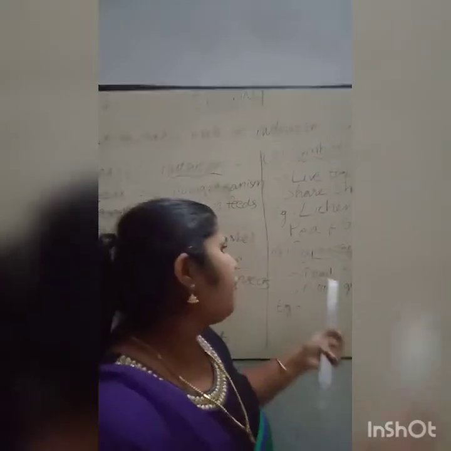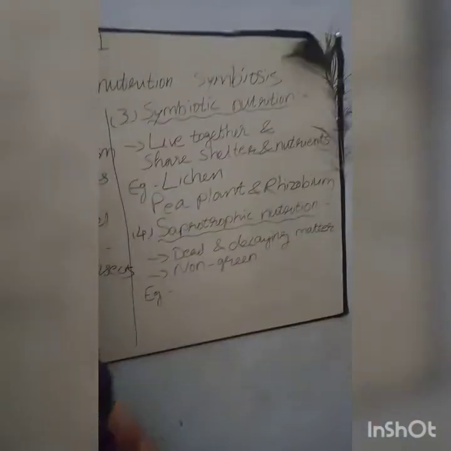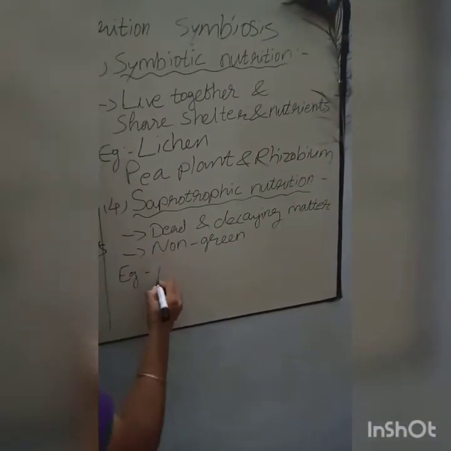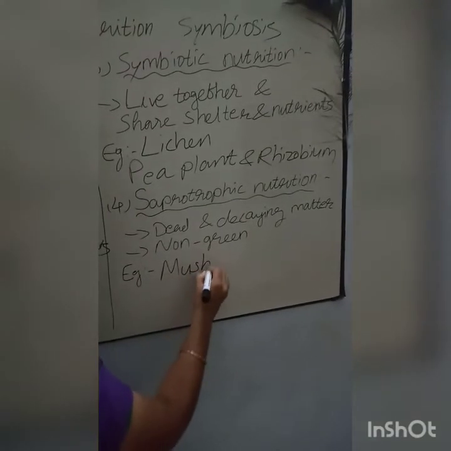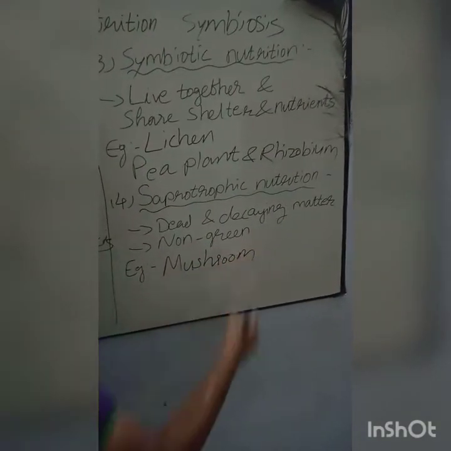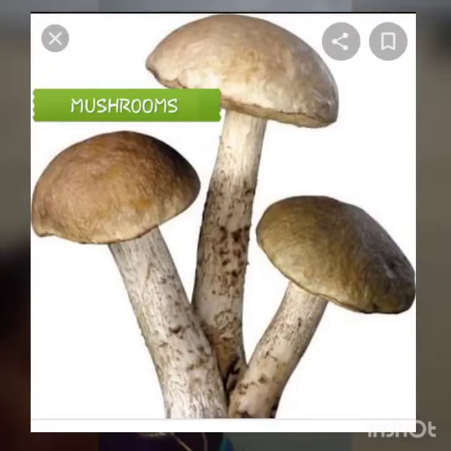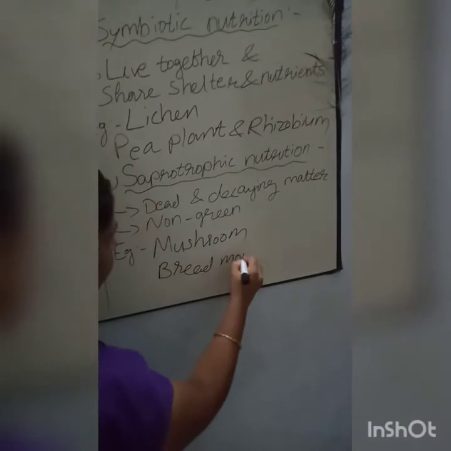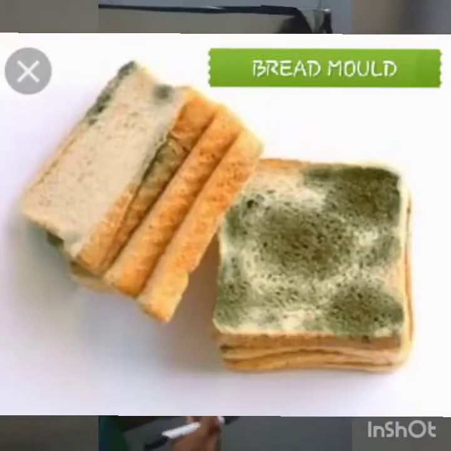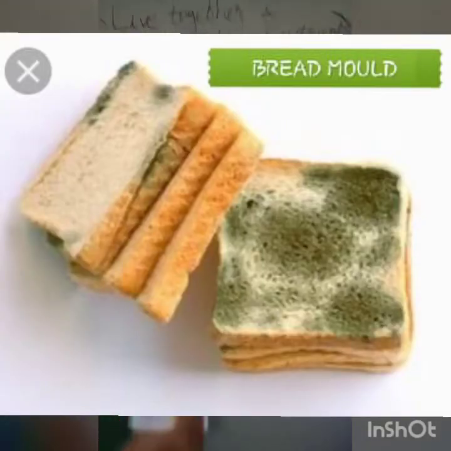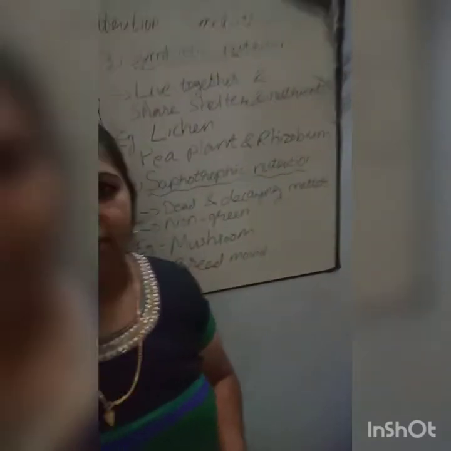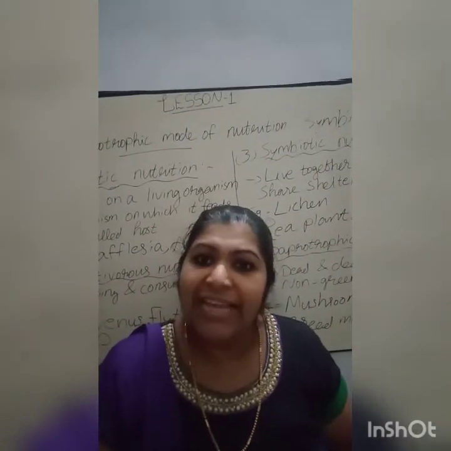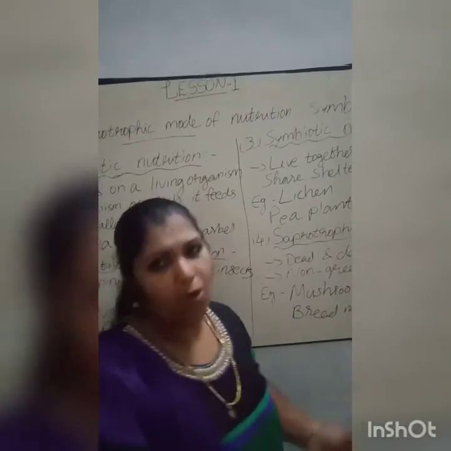An example for saprotrophic mode of nutrition is mushroom. Then one more example, bread mold, otherwise called Rhizopus. So the first one is mushroom and the second one is bread mold.